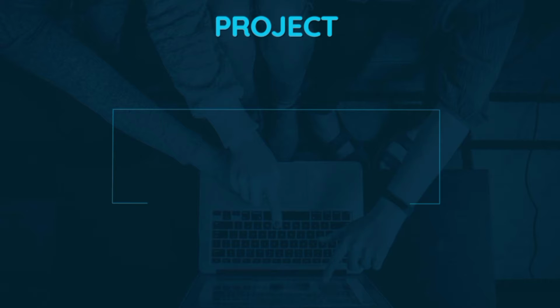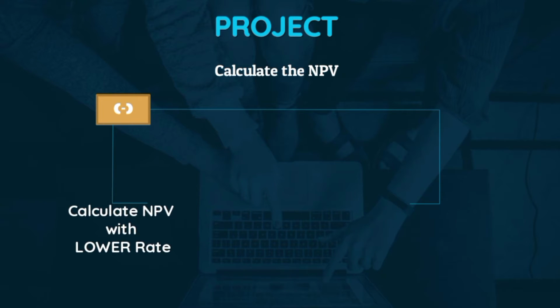Assume that we have a project, and to calculate the net present value, assume that we have negative net present value. Now, calculate the net present value with lower rate, and we will get positive net present value.